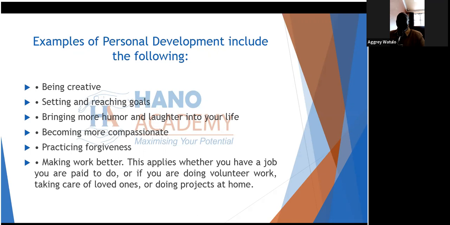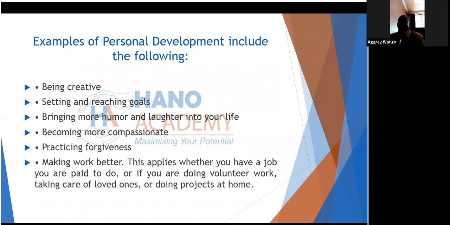Then make work better. So this applies whether you have a job you are paid to do, or if you are doing voluntary work, or taking care of loved ones, or even doing projects at home.